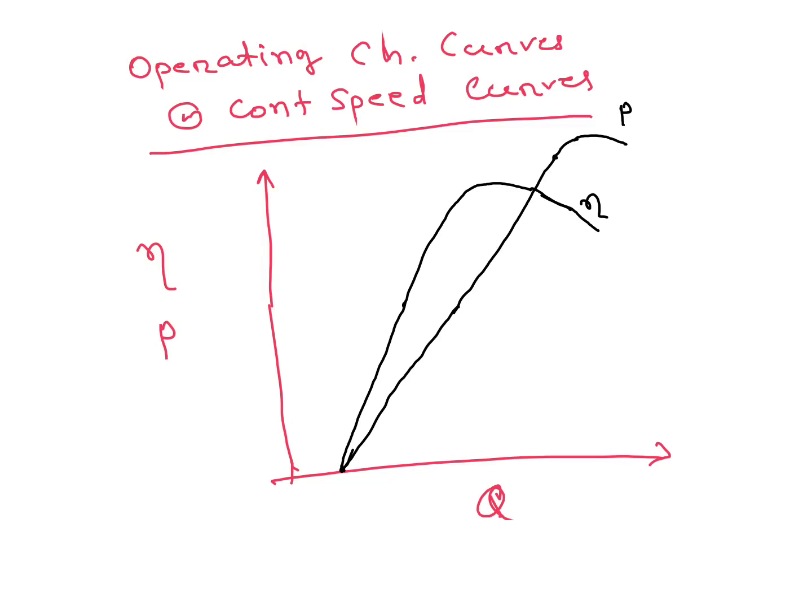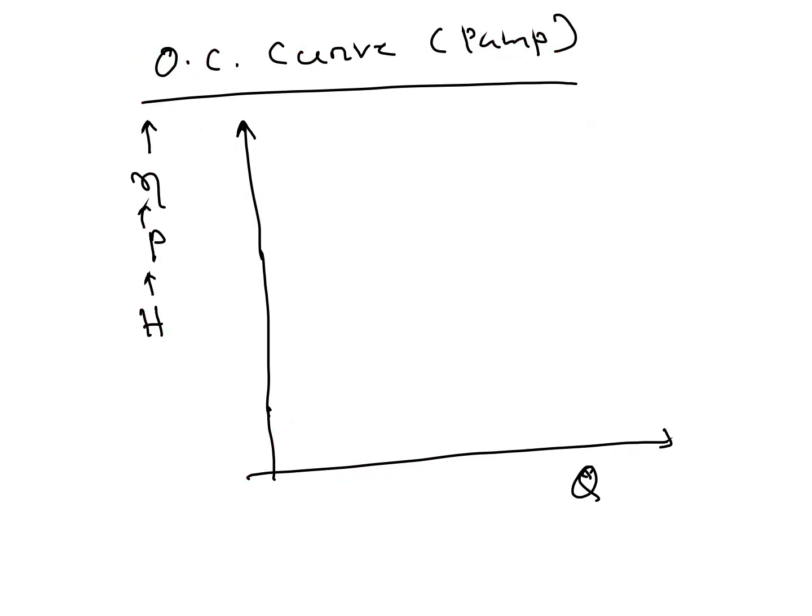And for pump, operating characteristic curve, once they asked this question: efficiency, power and head versus discharge. For pump, head will come like this. It will decrease with discharge. If discharge increases, then head will decrease. This is head.